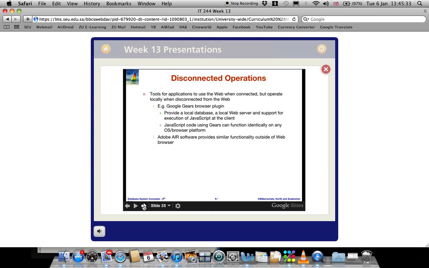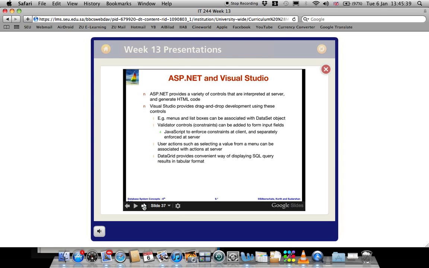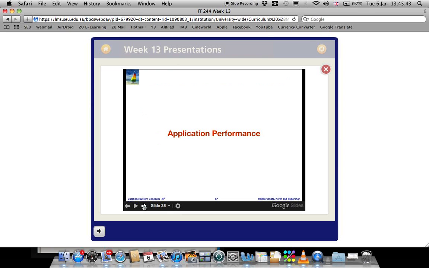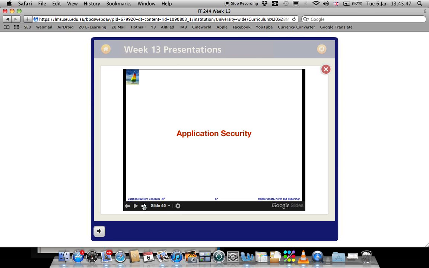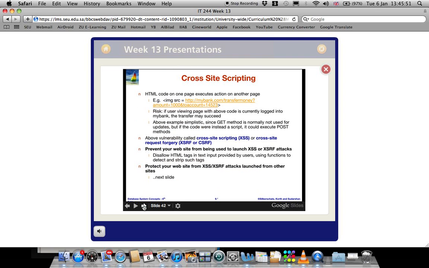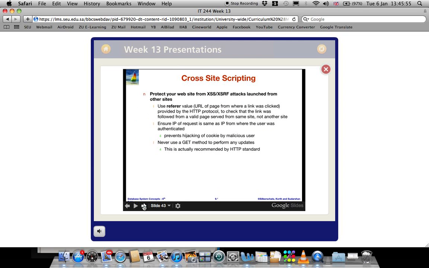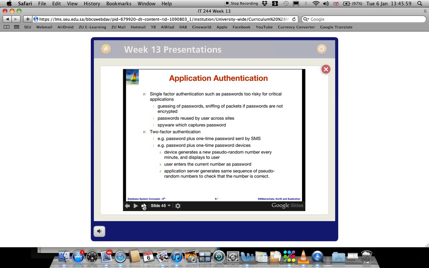Disconnected operations. Don't worry about the disconnected operations. Don't worry about this. Don't worry about ASP and Visual Studio. Application security. You need to know password leakage, application authentication.